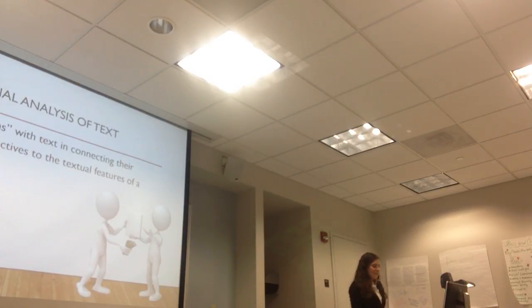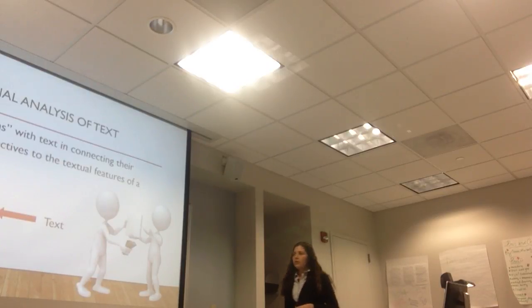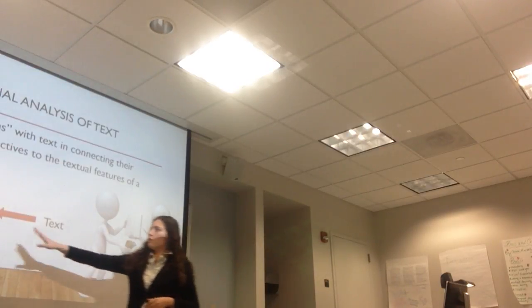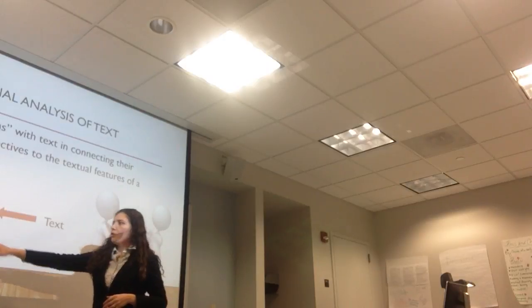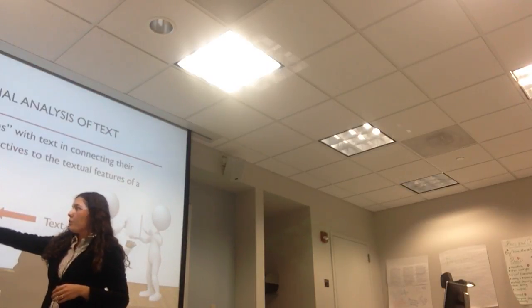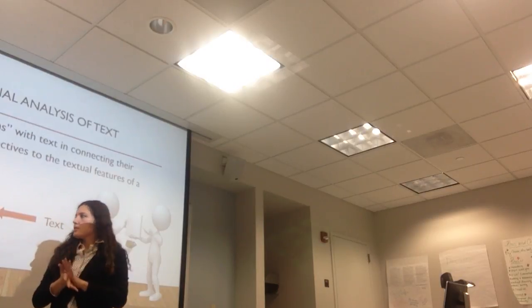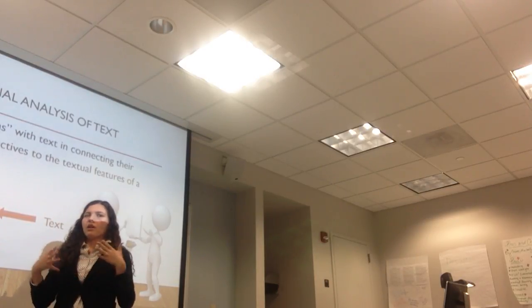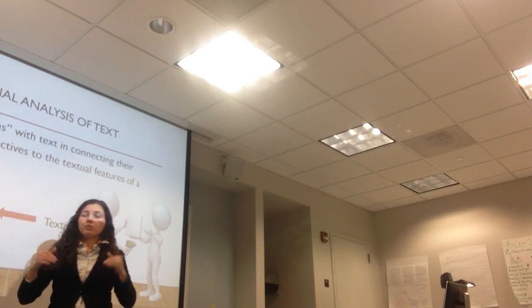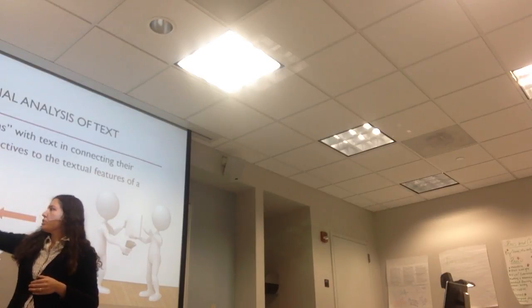So I put this cute little icon there so it makes sense that you're making a transaction. And here is a diagram of the reader's response. So here's the meaning that you make of it, right? And you're the reader. Your experiences, who you are, your ethnicity, your cultural background, everything that makes you you is what's helping you shape meaning.